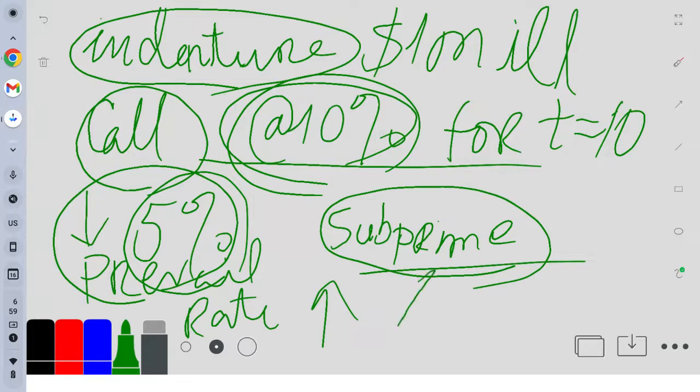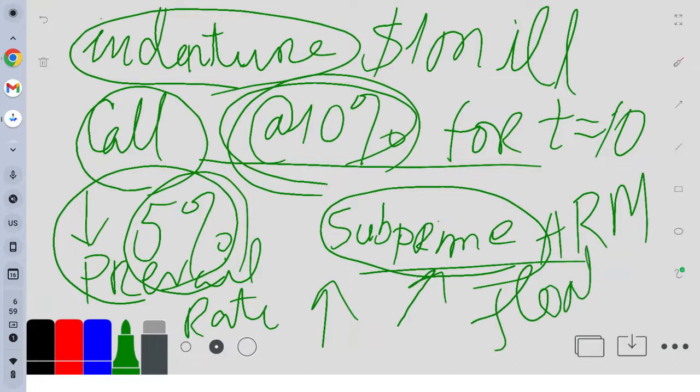And so they were even lending out to subprime people who didn't actually qualify for any mortgage. But these people were on adjustable rate mortgages, which is basically floating rate, not locked.